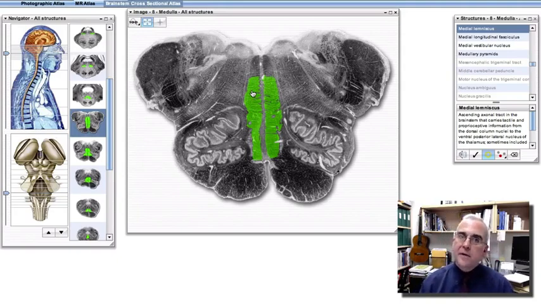Now, some of you may have thought, okay, where does the medial lemniscus terminate? You might have thought, all right, it terminates in the ipsilateral postcentral gyrus. Well, if you're thinking about where does the information ultimately go, it goes to the left postcentral gyrus. But that wasn't the question. I didn't ask you where the information went. I asked you, where do these axons terminate?